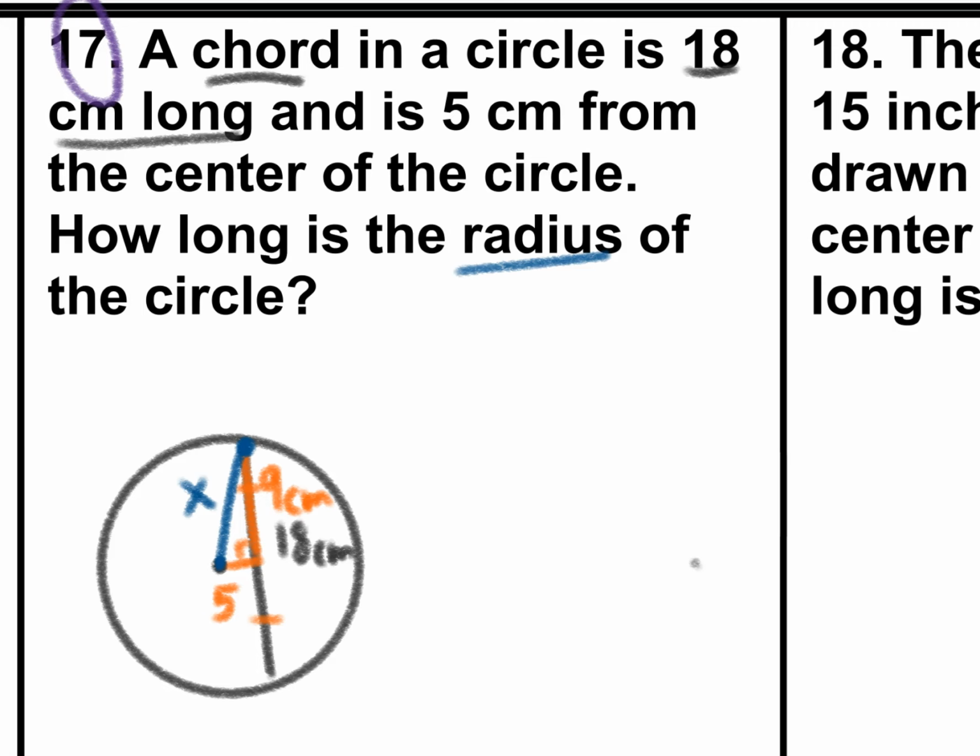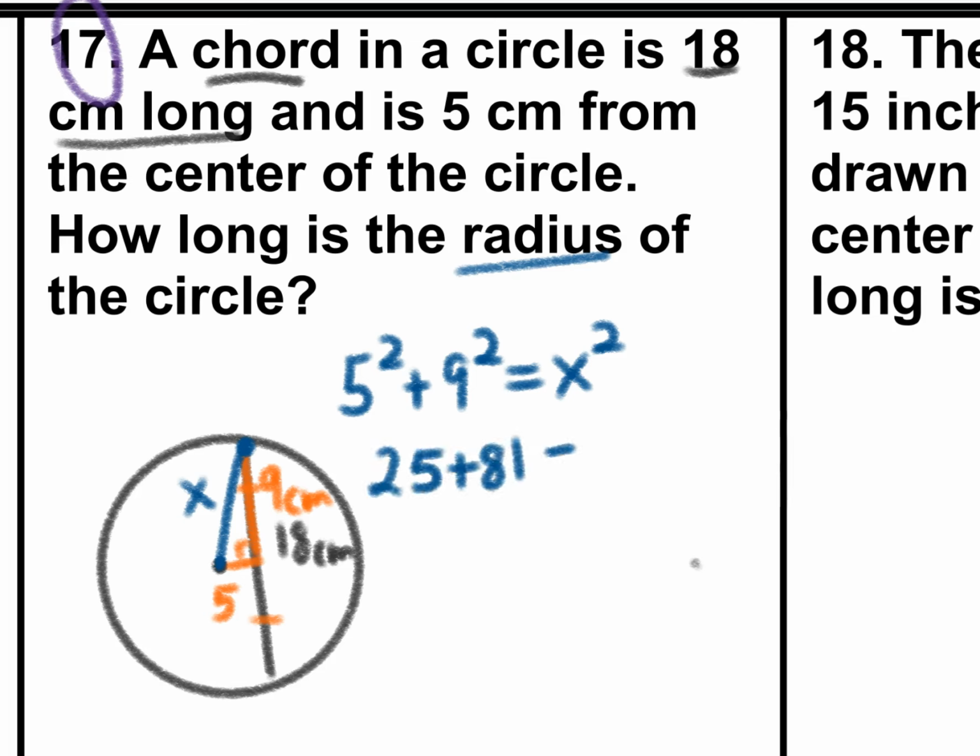From here to find the radius, we've created a right triangle, so we use the Pythagorean theorem. We're going to say 5 squared plus 9 squared is equal to my radius, which we called x squared. So we solve this: square your 5, you get 25. Square your 9, you get 81. And x squared just stays x squared.